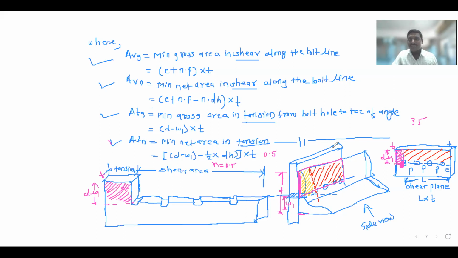Correct? Yes, sir. म्हणजे हे तुमचं मॅथ झालं. 4 बोल्टच्या ऐवजी 3.5 bolts in shear, 0.5 bolt in tension. Similarly, if 6 bolts are there, 5.5 bolts are in shear, 0.5 bolt in tension. Got it?